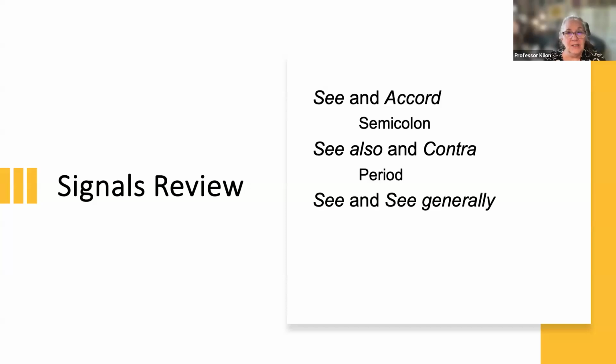And C generally, again, there would be a period here because C is a signal that is in direct support, whereas C generally is the fourth type of signal on your list, which is a signal that indicates background material. And finally, between E.g. and CF, you would have a semicolon because both of these indicate support.